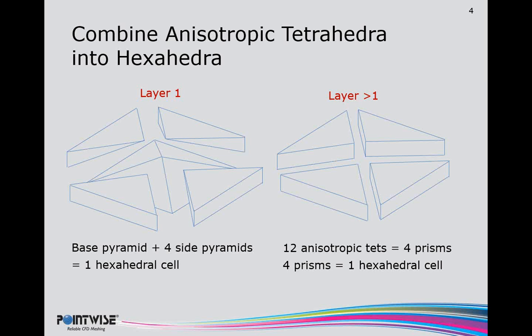So on the base level, we're going to have 5 pyramids that are created into 1 hex on export, and above that, all those anisotets will be combined into hexahedra. So let's go ahead and look at how this would work with a real case.